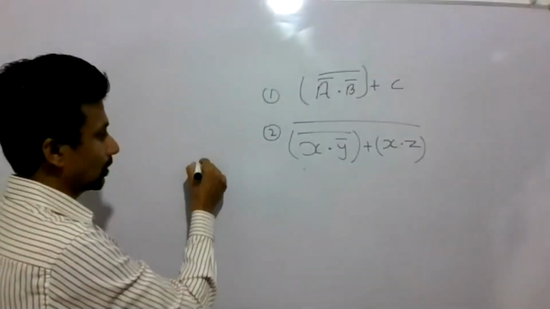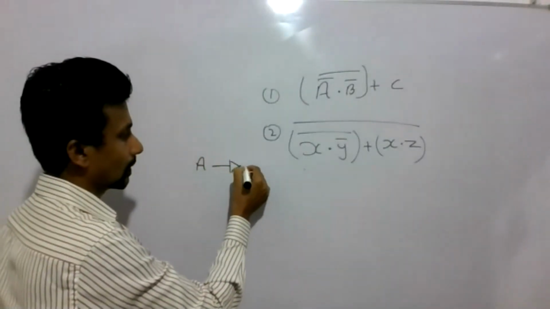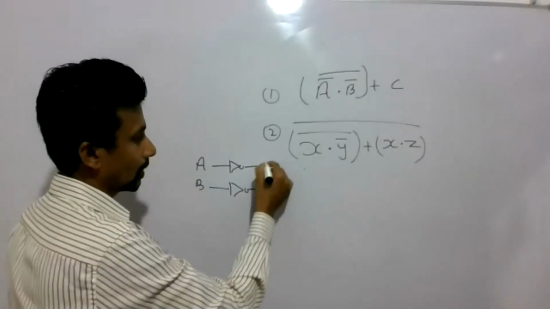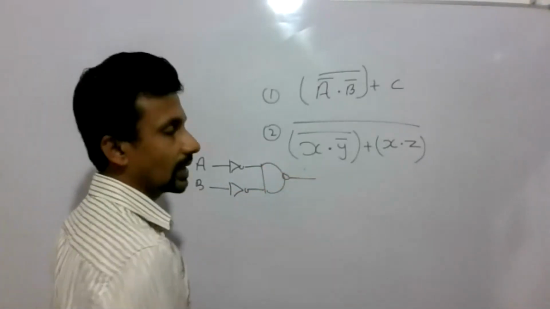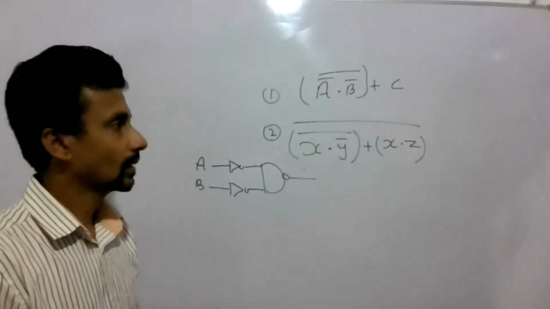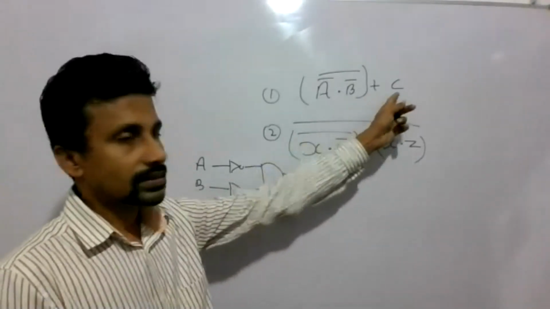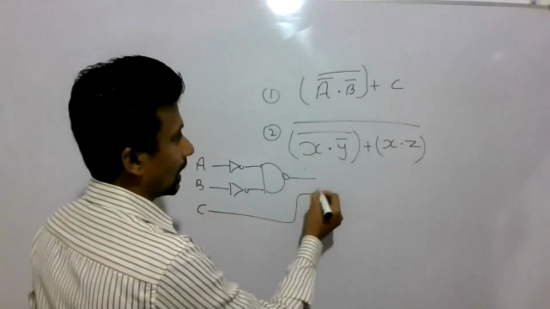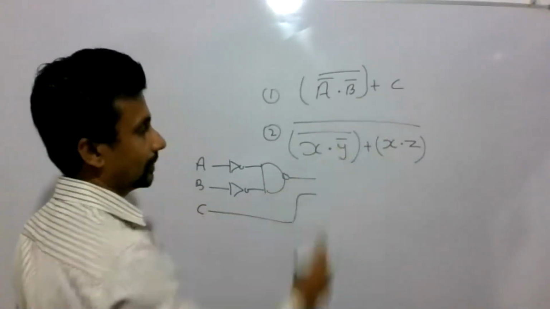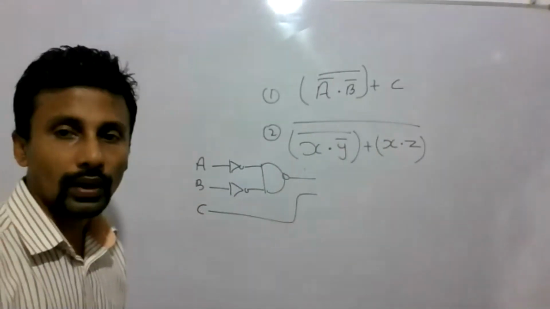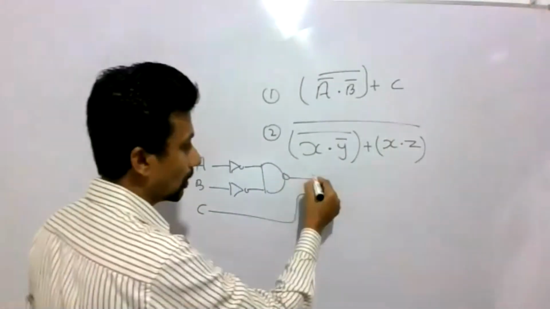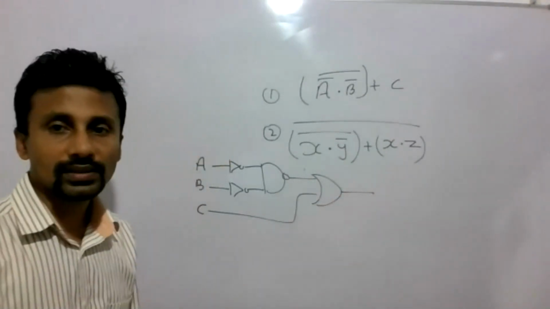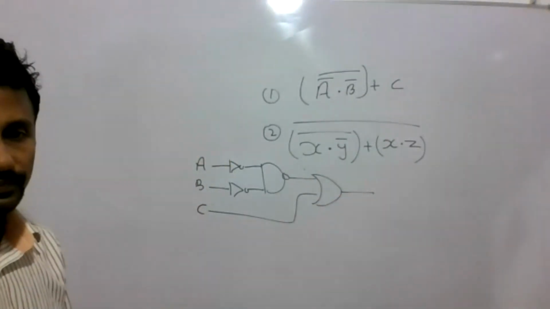So I am drawing A dash, B dash with a NAND gate. And C is also coming. I am taking C, and C is connecting with the OR gate. So I am drawing the OR gate at the end. Check your answers.